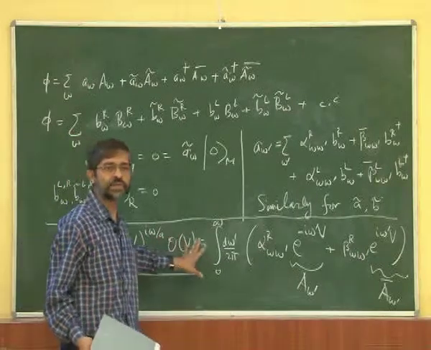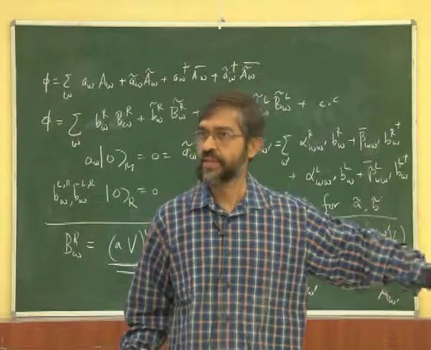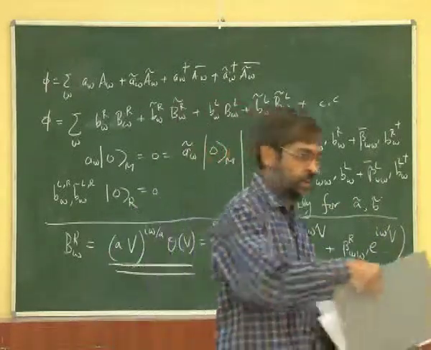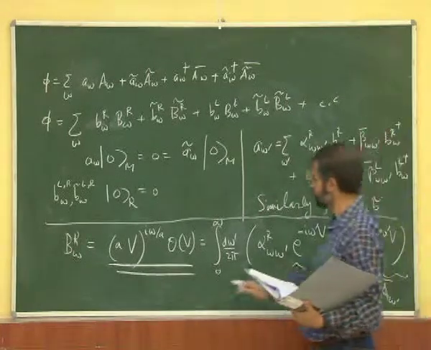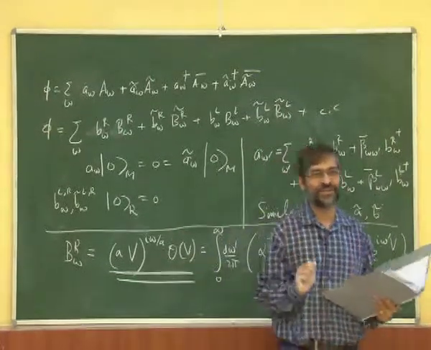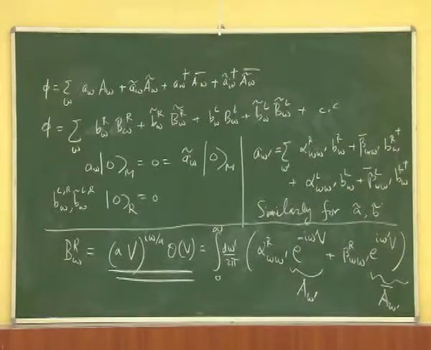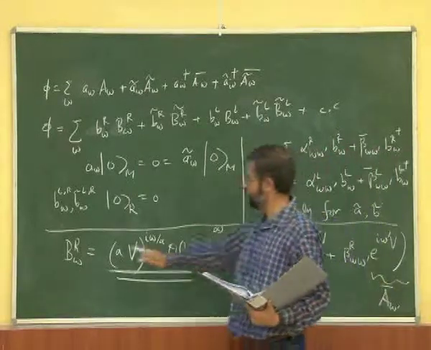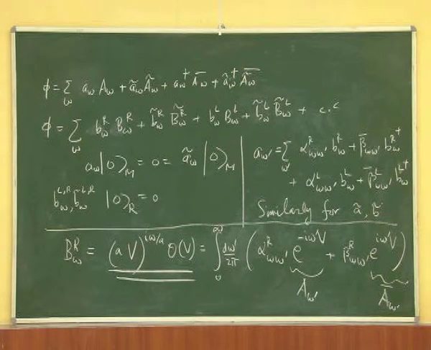Can we make this solution analytic, so that it's an analytic function through the entire V plane? Let me take it back: can we make this analytic in the lower half plane of the complex V plane? First of all, we want to make this a smooth function for real V, but we want to be a little more ambitious and make it analytic in a large part of the complex plane, namely the lower half.